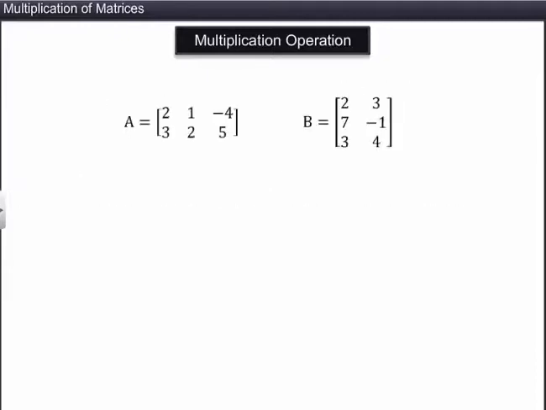Let's see an example with the matrices shown. First, we will take the first row of A and the first column of B and multiply the elements one by one as shown.